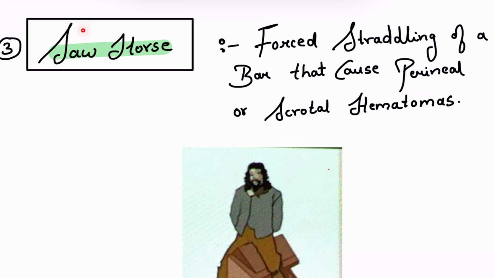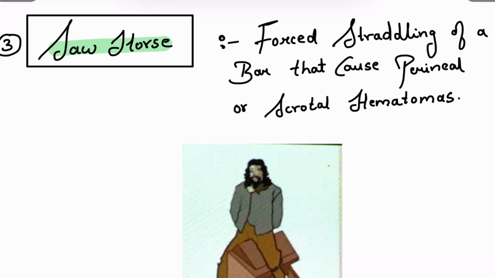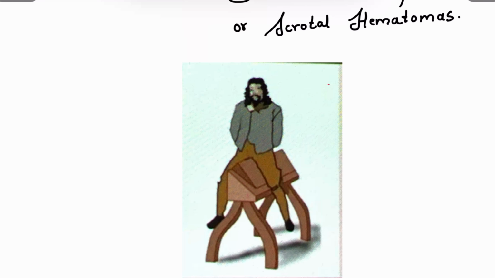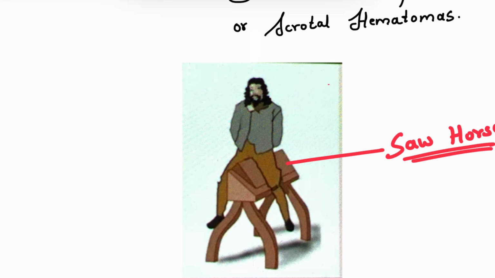The third torture is sawhorse. In this torture there is forced straddling of a bar that causes perineal or scrotal hematomas. The victim is placed on this sawhorse. This is a wooden thing made like a horse, and this is a sharp edge. As the person is sitting on this wooden horse, due to the weight of the victim, the pressure is over this region, the inner thigh region.